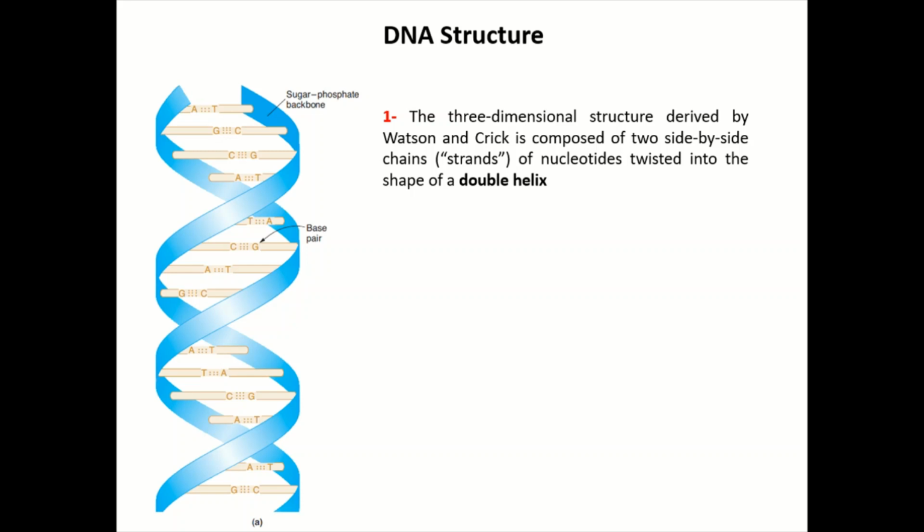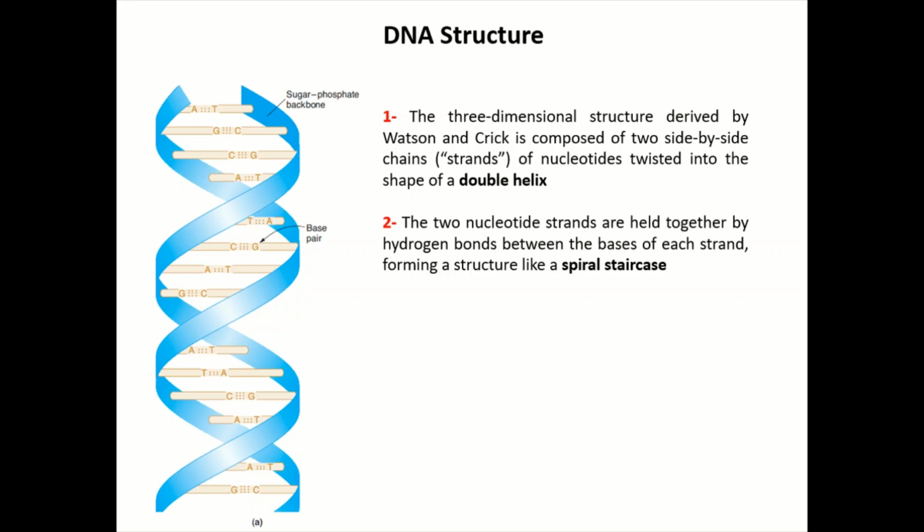How does it look like? The three-dimensional structure derived from the Watson and Crick model is composed of two side-by-side strands or chains of nucleotides which are twisted into the shape of a double helical structure.